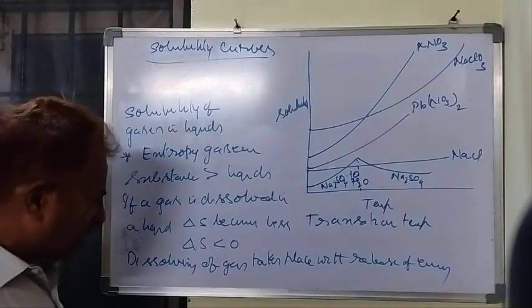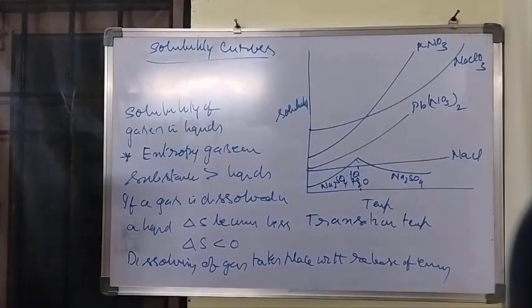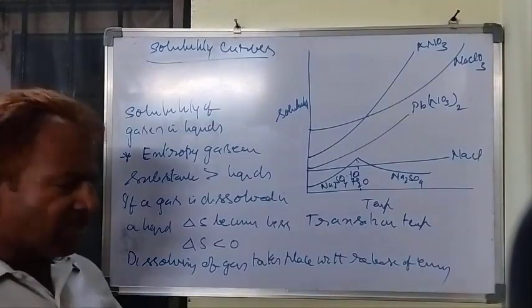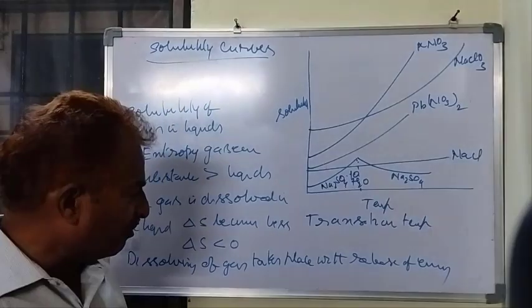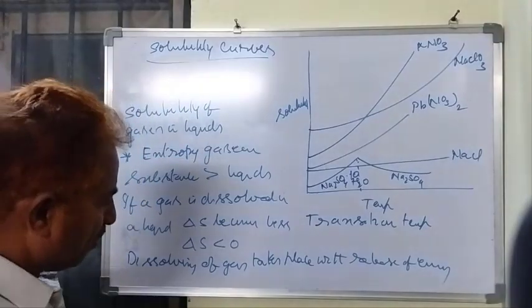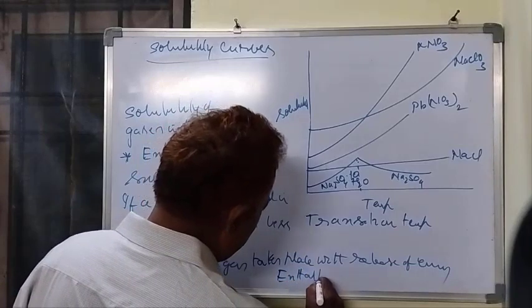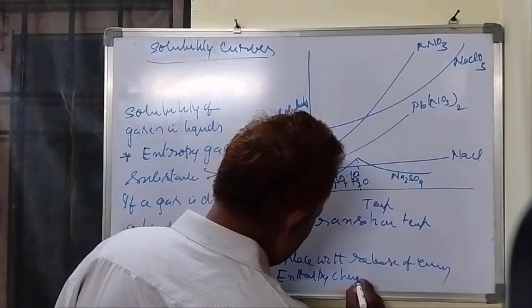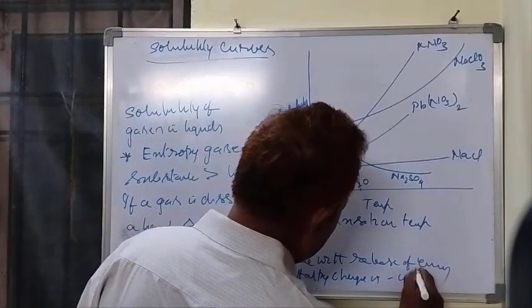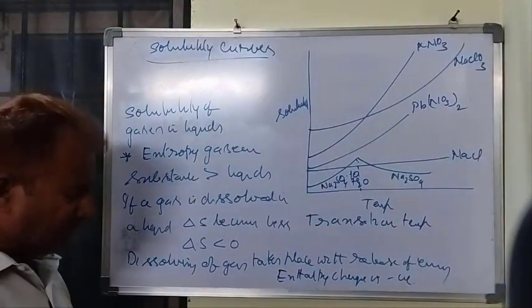Disorderedness decreases means the system comes to an ordered manner. Ordered manner means the system loses energy. Therefore, dissolution of a gas takes place with the release of energy. That means enthalpy change is negative for the solubility of gases in liquids.